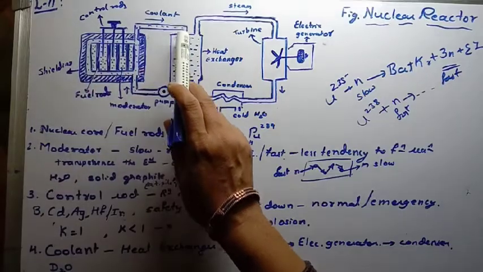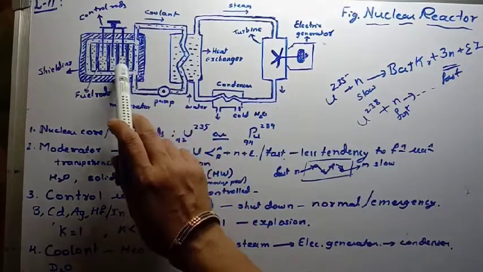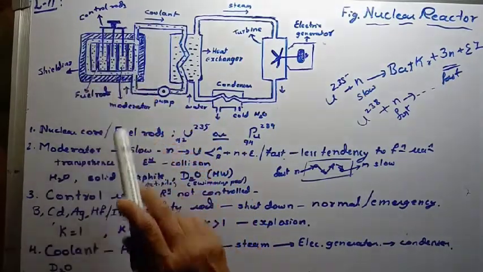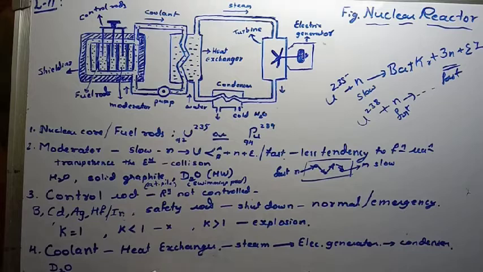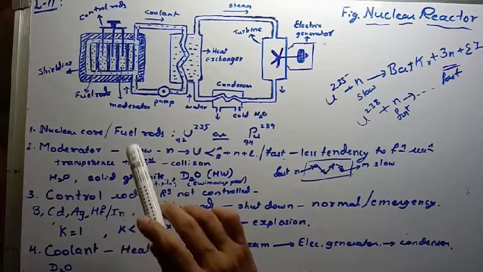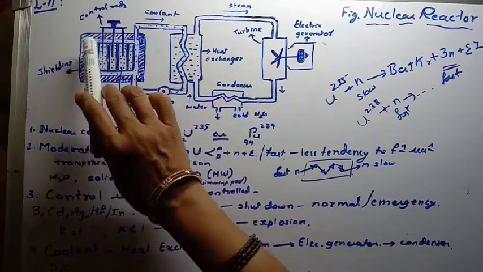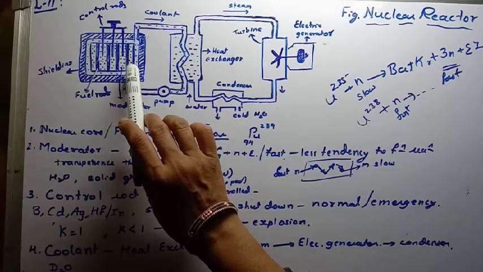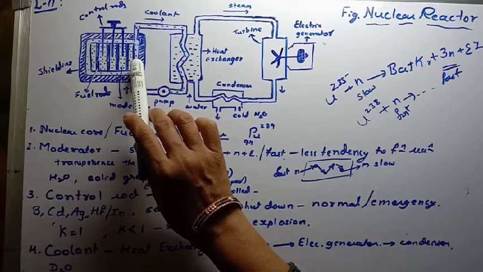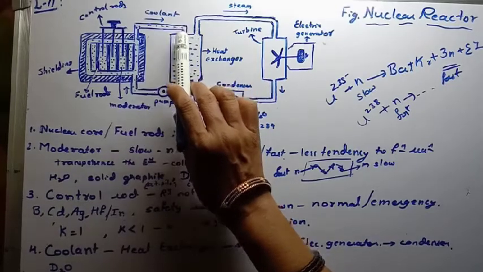The coolant is usually heavy water or ordinary water, or sometimes liquid metals are used as coolants. When they circulate through this core, they get heated.